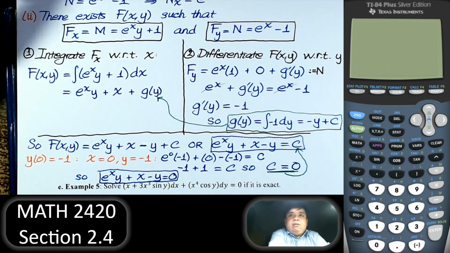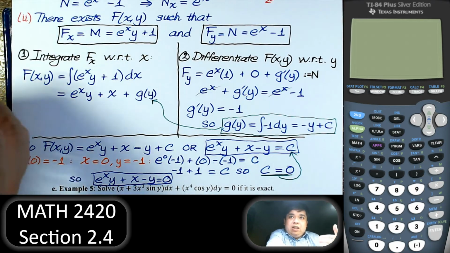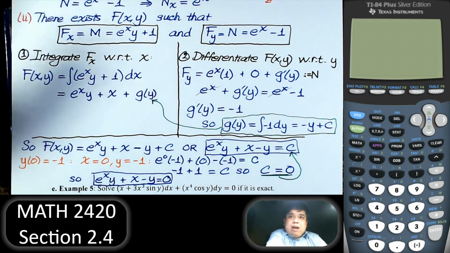Right, so that's what we have. Right, so for an exact equation, we do two things: integrate and differentiate, with respect to x, with respect to y, in any order we want to.